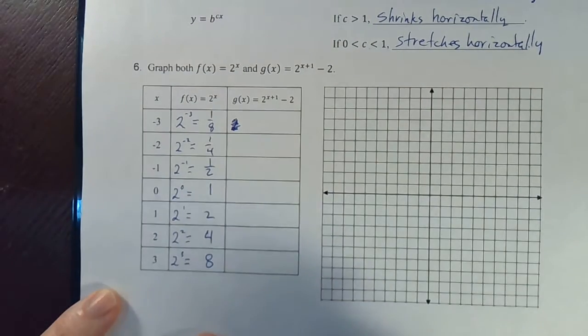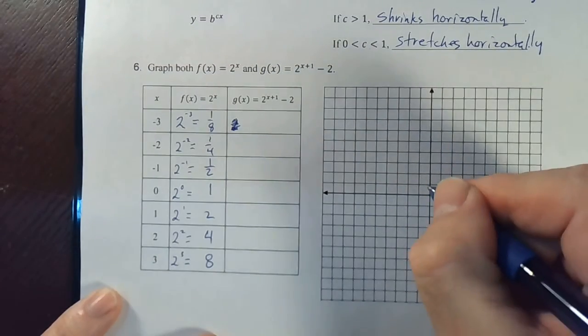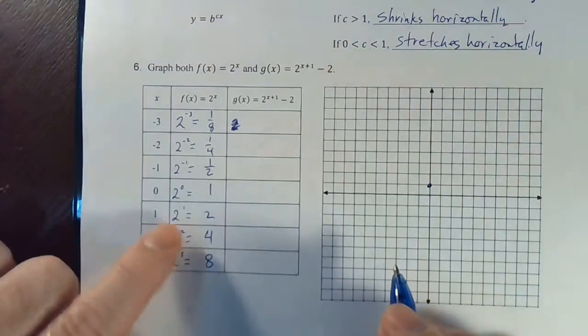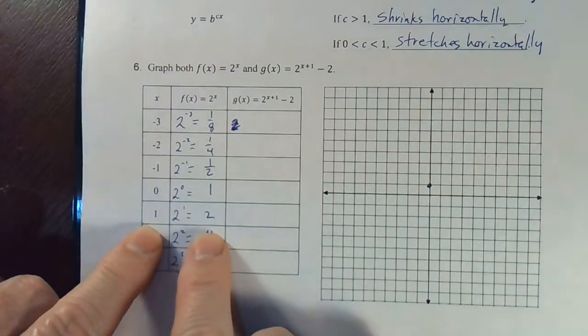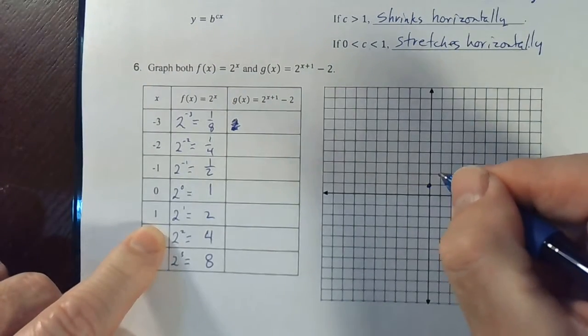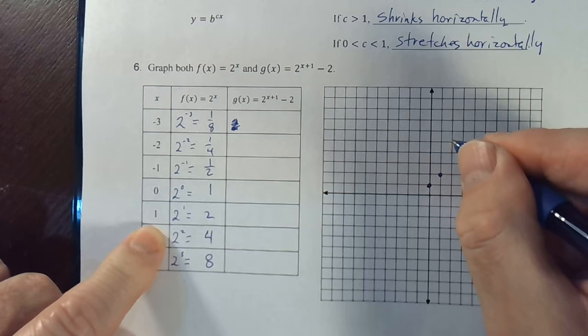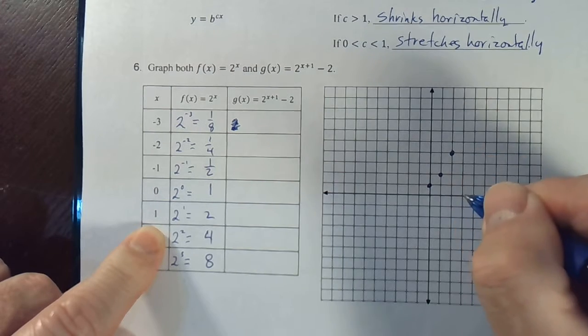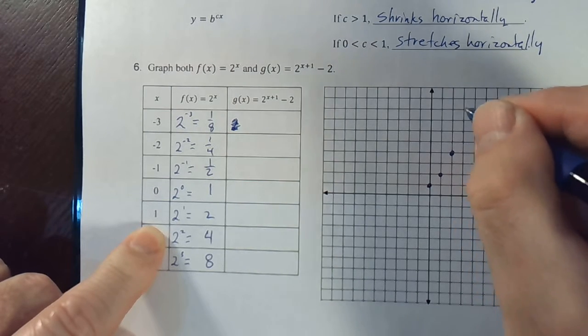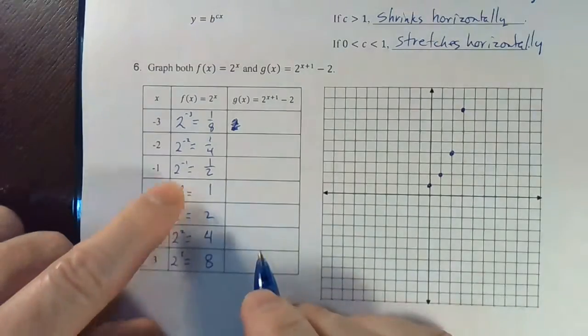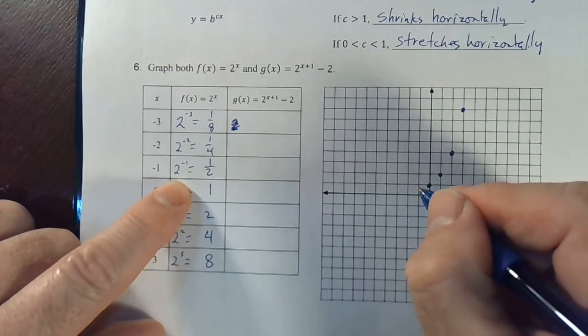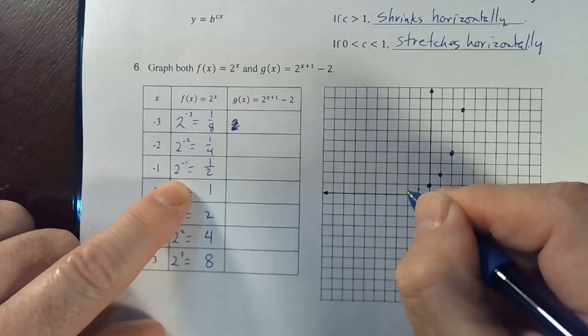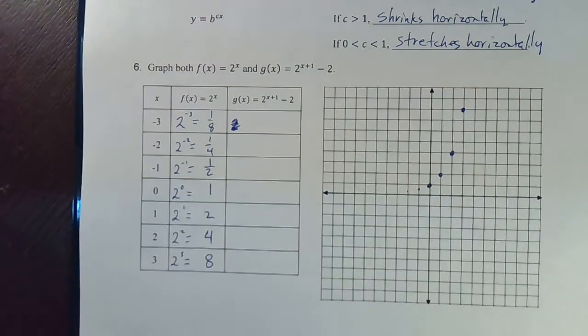So let me start there. That's the ordered pair 0, 1. Then I'm going to go to 1, 2. Then I'm going to go to 2, 4. Then I'm going to go to 3, 8. And then backwards it'll be negative 1 is a half, negative 2 is a fourth, and then an eighth, and so on.